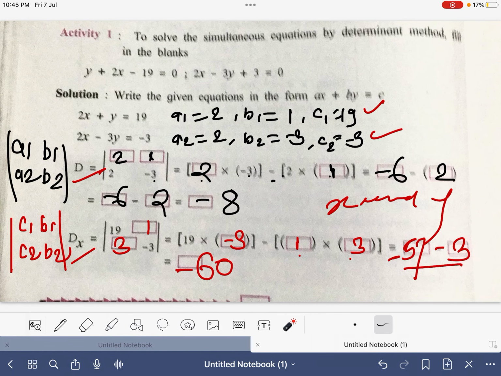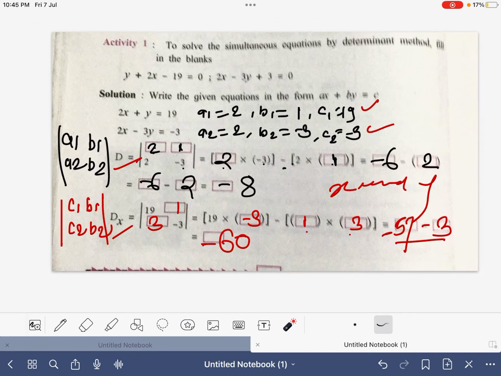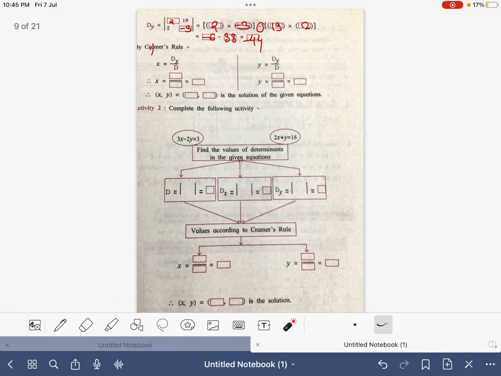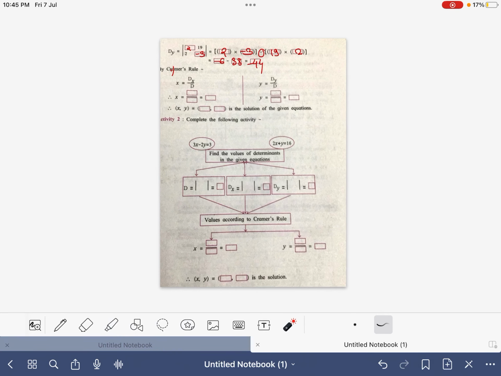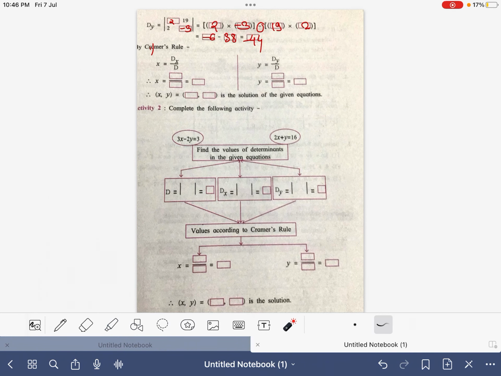And the value of y. Now put the value of Dx and D in this equation and calculate the value of x as well as y.